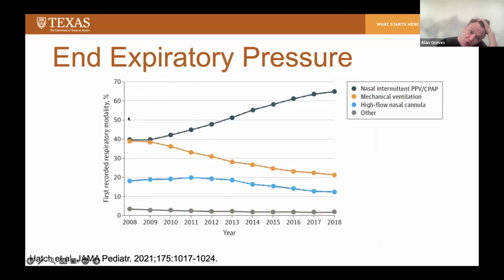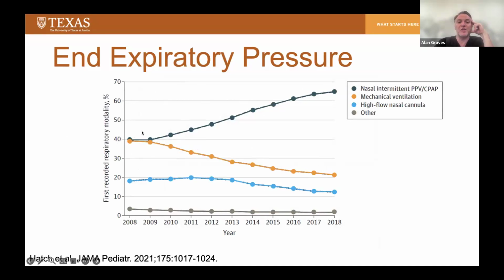And this is just the US data on first recorded respiratory modality in preterm babies. This pattern shows us, even just since 2008 to 2018, how dramatically we have all invested in our NICUs in giving our first respiratory support a CPAP rather than in intubating and ventilating.